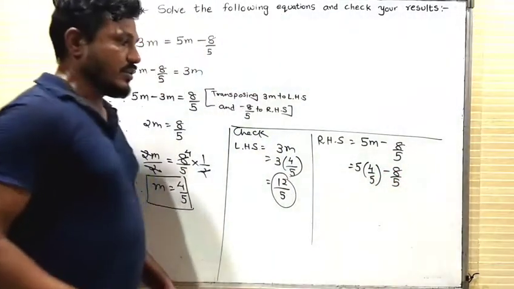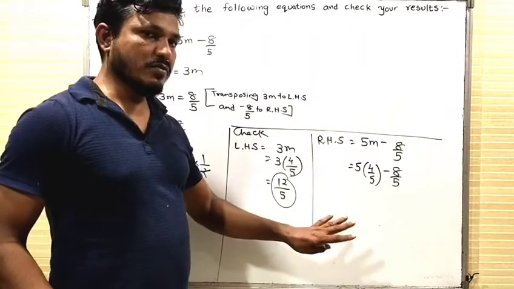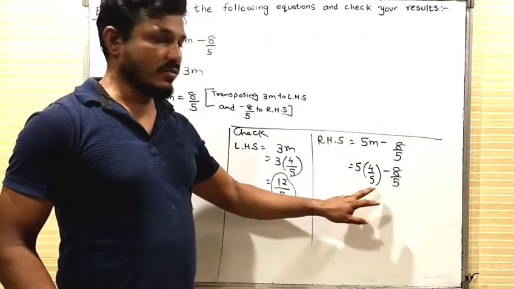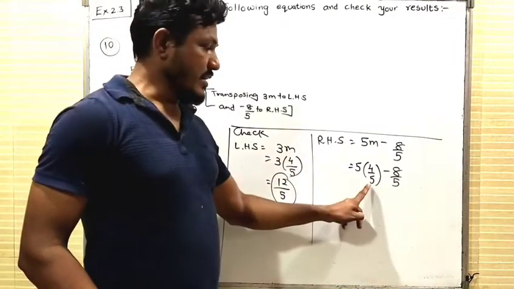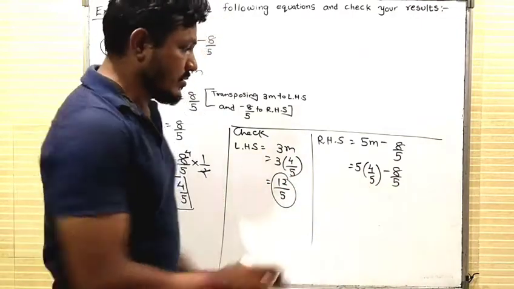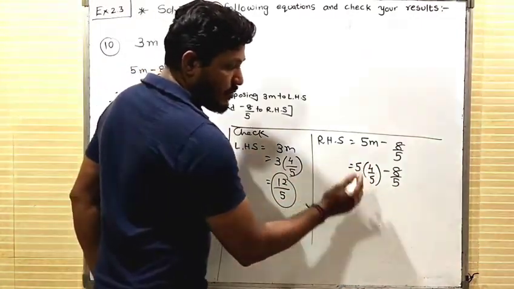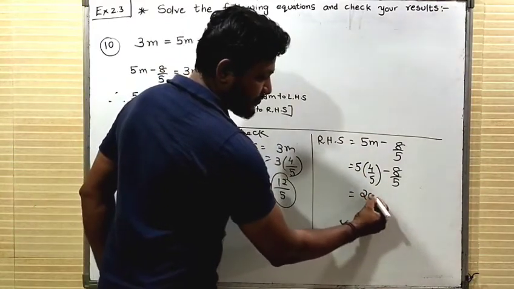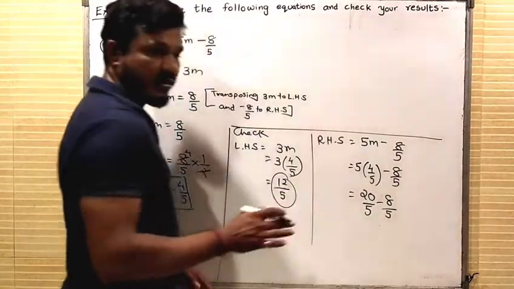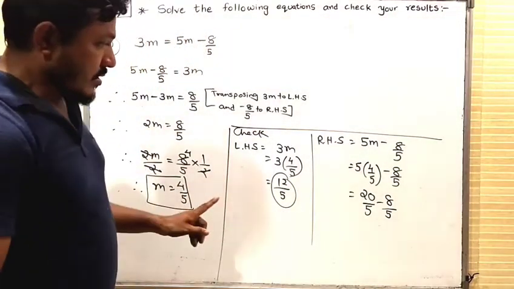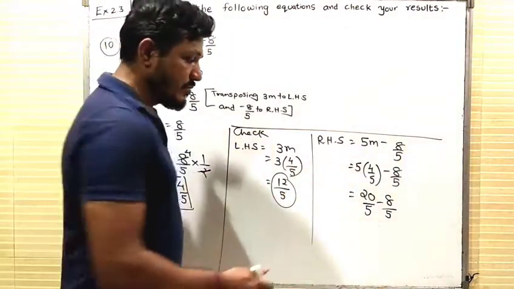Now dear student, either you do cancellation. What I will do, if I do cancellation, then again I need to find the LCM. So keep as it is. Why? Because denominators are the same. So very simple, you just do multiplication. 4 5s are 20 by 5 and 8 by 5. Now dear student, here no need to find the LCM. Now you directly do subtraction.